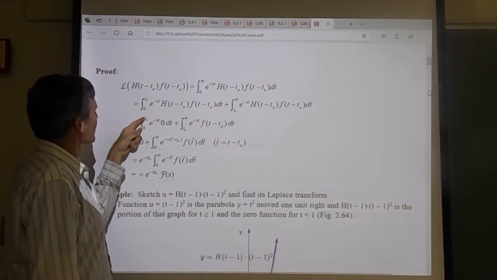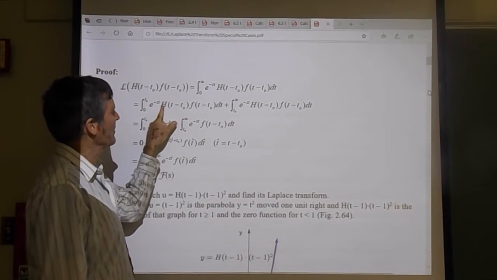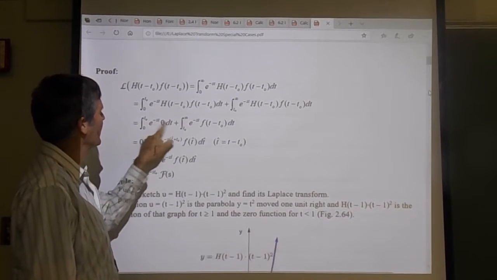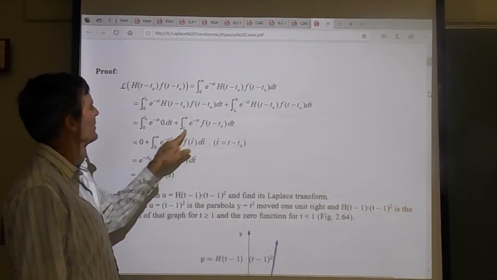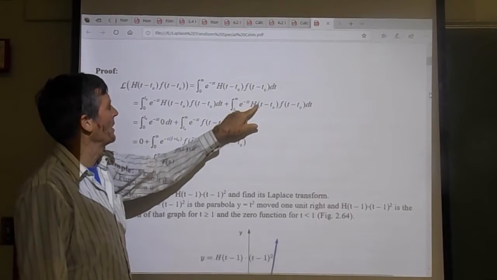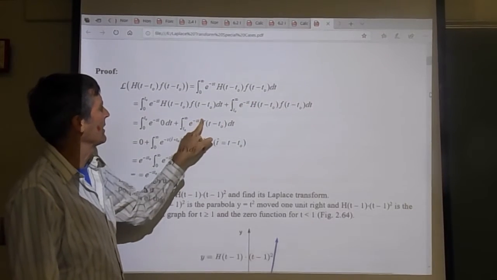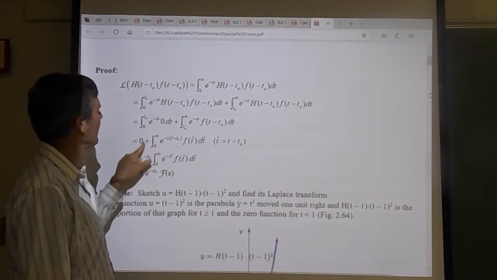But on 0 to t0, this function here is equal to 0, right? It's equal to 0 until t equals t0. So this is just integrating 0, which is nothing. And you're just left with the integral from t0 to infinity. And on this interval, h is equal to 1. So you make h equal to 1 here, and just get e to the minus st f from t0 to infinity, and this one becomes 0.